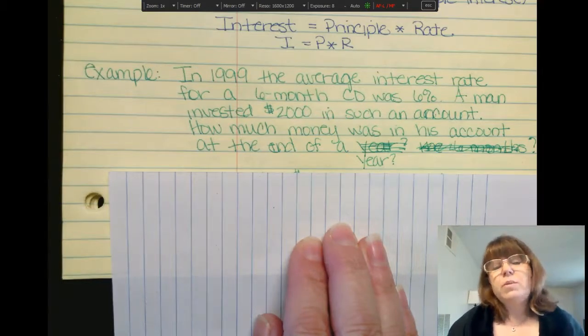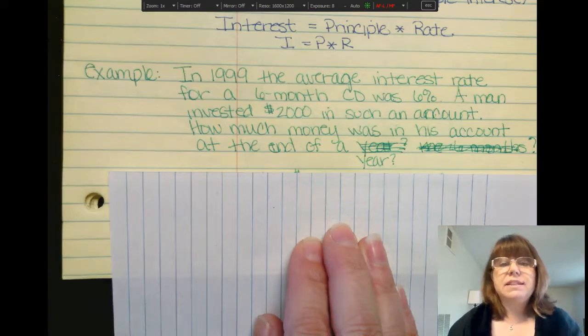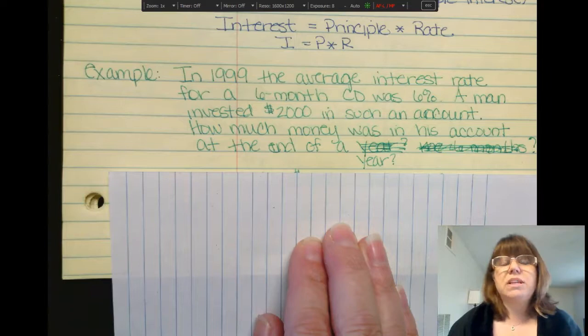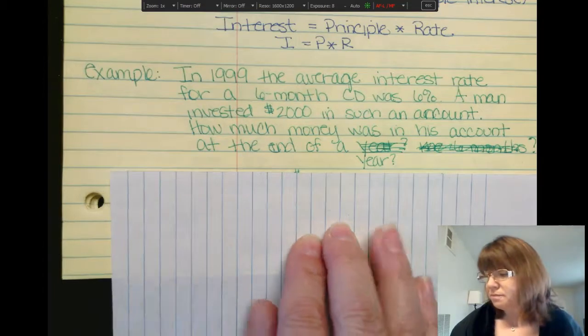Now, here's something that we do need to know. Even though we're putting in the 6-month CD and it's locked down for 6 months, the interest rate is based on an annual interest rate. It's based on 1 year. So as long as we leave that money in there for a full year, we'll get the full 6%. So he does indeed leave his money in the account for a year.